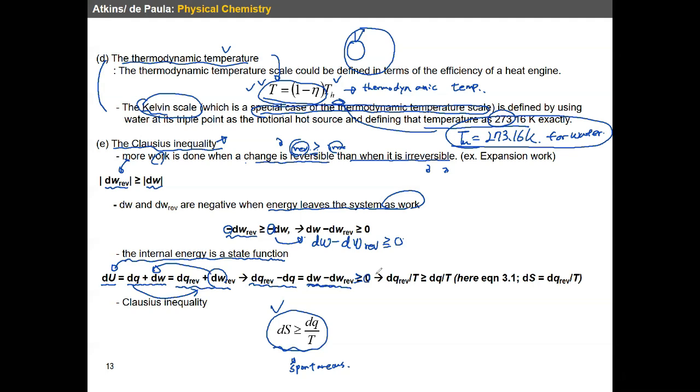Right. And because this is bigger than 0, we can simply rearrange these things, so dq reversible minus dq is also larger than 0, right? So that's why dq reversible and dq.